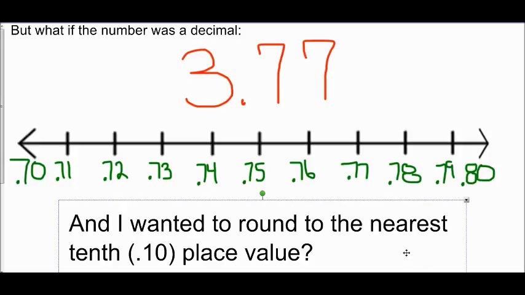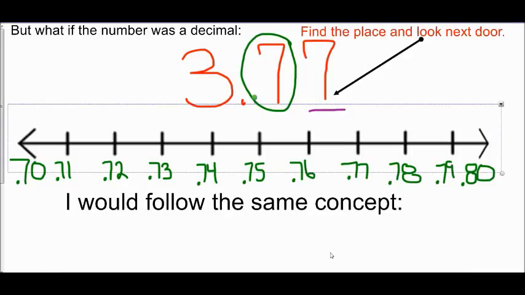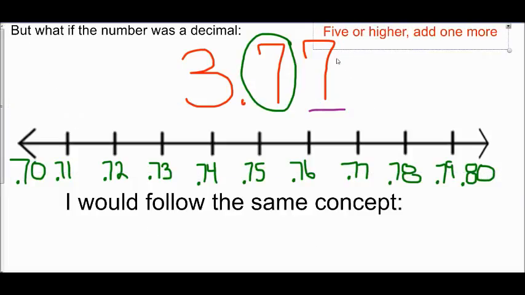I'm going to follow the same concept that I did before. I'm going to start by finding the place and looking next door. I know I want to round this, so I circle it and I underline the number that's next door. That number is a 7. Okay? I'm still following the same concept except I'm going to round a different number. I look at that number and decide, is it 5 or higher? I add one more. Okay?